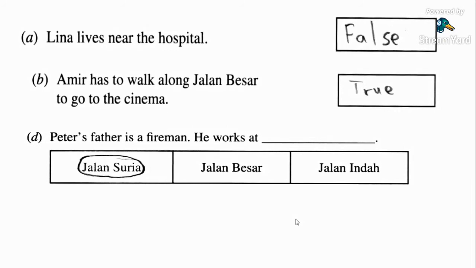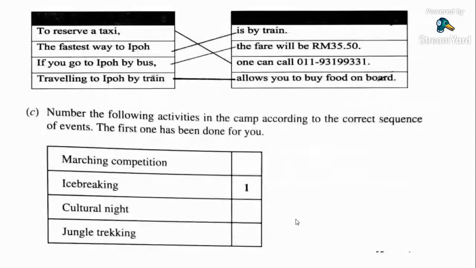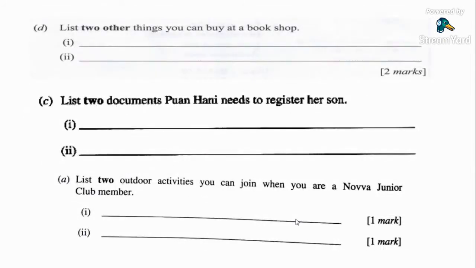So I would say, weaker students, please use this to your advantage. Follow the instructions when you answer so that you can get more marks. Alright, we only have 10 more minutes, so I'm just going to rush through these two.